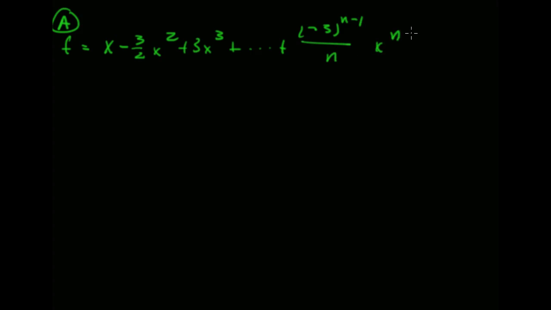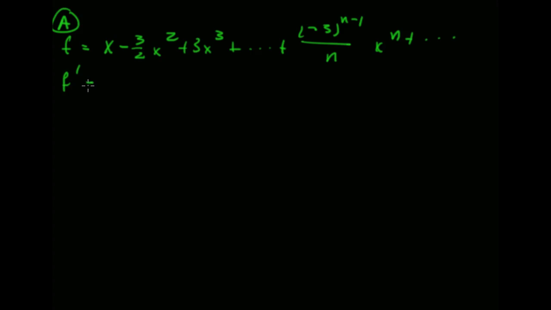In part A, we're given that f is x minus 3/2 x squared plus 3x cubed plus and so on, to negative 3 to the n minus 1 over n times x to the n, and so forth. It says write the first 4 non-zero terms of f prime.